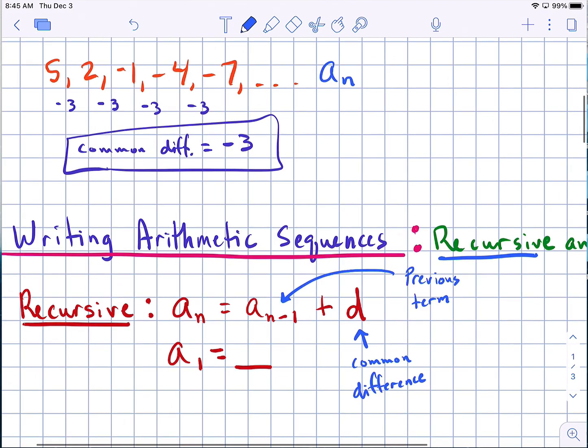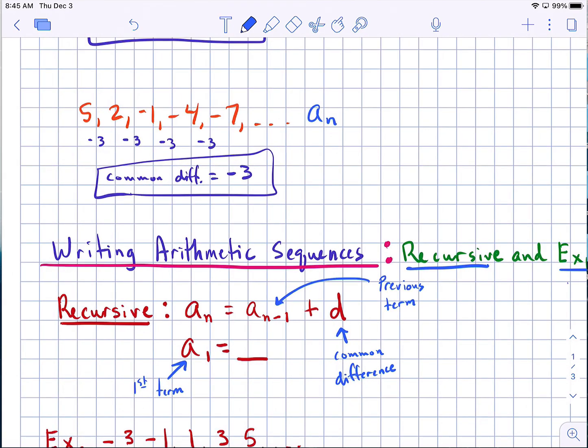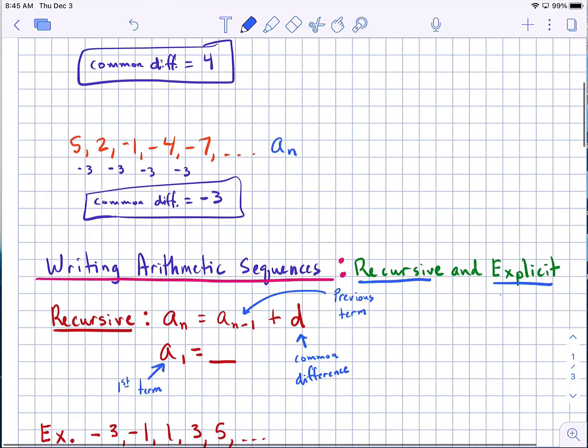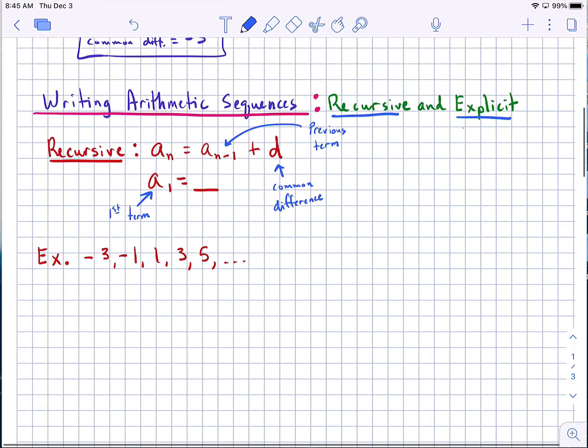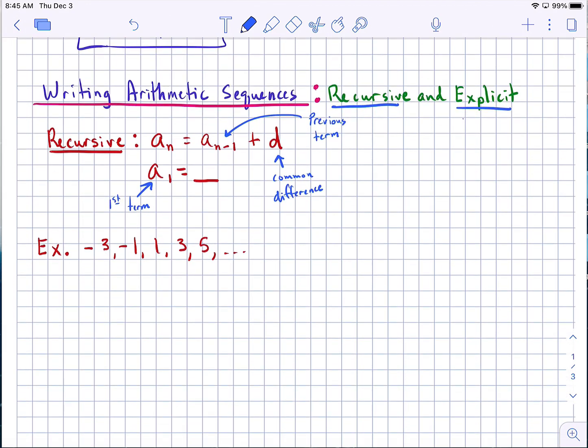This other thing under here, a of 1, the 1 means the first term. That number there stands for the term that I want to find. So in order to write a recursive rule, I have to write down what the first term is. Otherwise, I can't do this. And then from there, all I can do is go in order. It's kind of strange, like I said, using the recursive, but we're going to show you how to do it. So here's an example, because just this probably looks kind of like a jumbled mess right now.